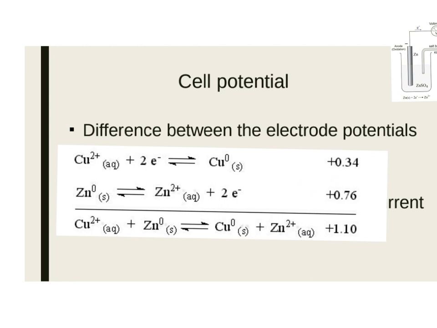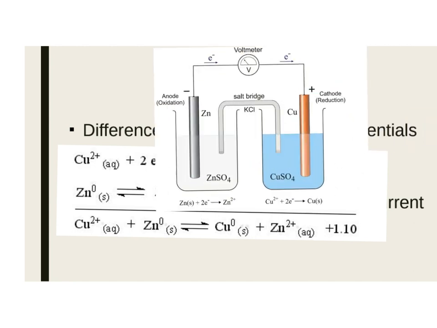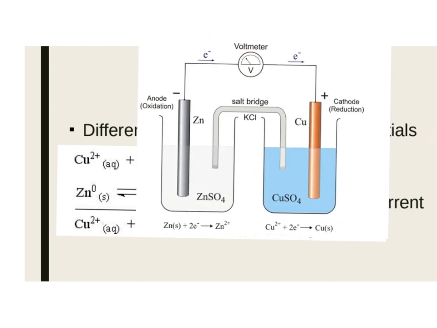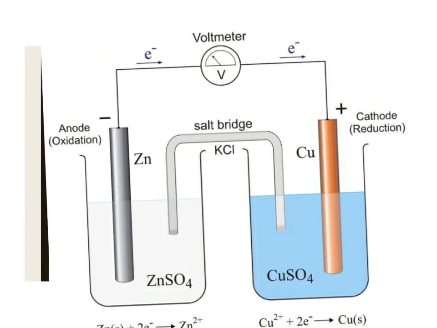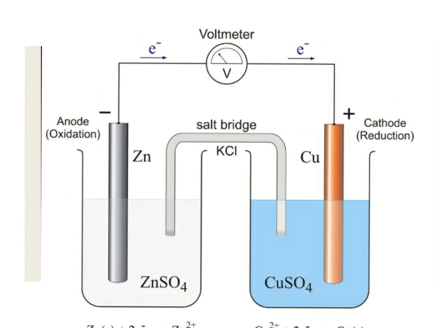So in the diagram you might have noticed we have the voltmeter. If we have a high resistance voltmeter, that means the electron flow or the current is zero, right? So if the current is zero, the voltage we measure between these two electrodes is the maximum voltage, called the EMF of the cell, that is the electromotive force of the cell, right?